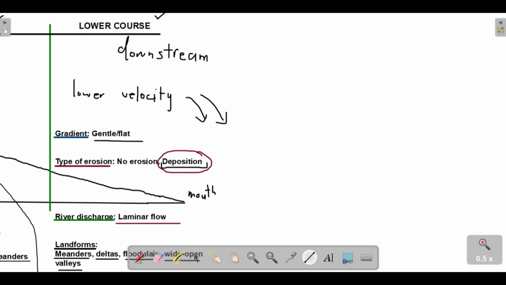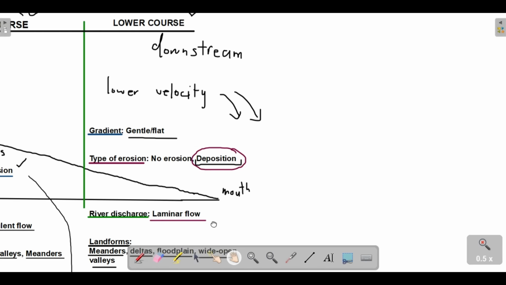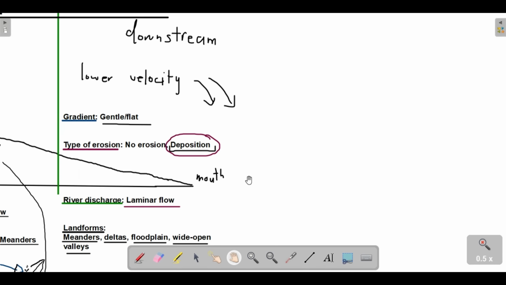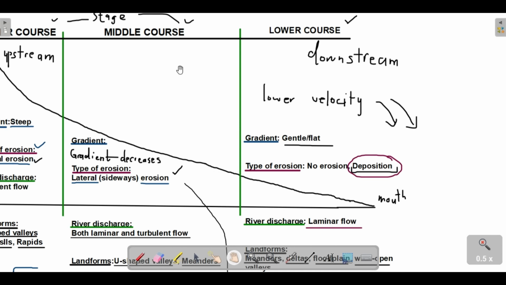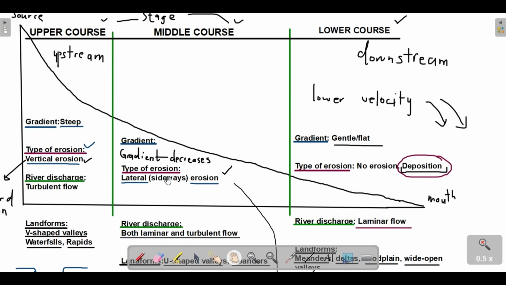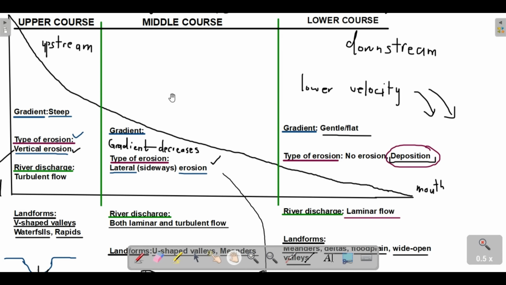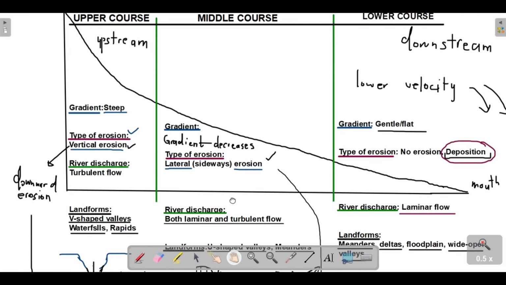And laminar flow, we say that it is the flow characterized by smooth layers of water. Okay, parallel sheet layers. Okay, and then of course, in the middle course, you have both of these flows because the riverbed can get uneven and it can also get even in the middle course. So that's why we see both types of flows, right?